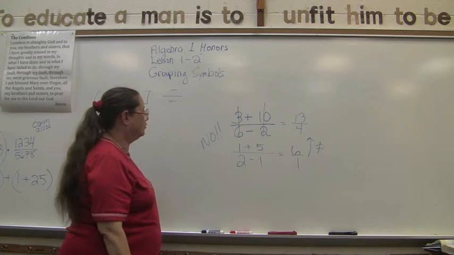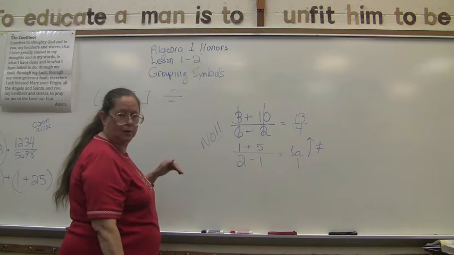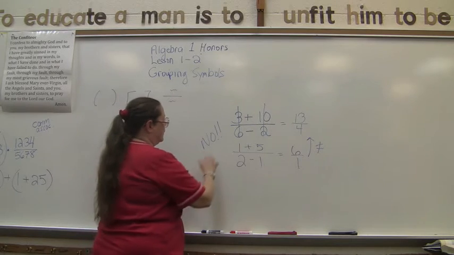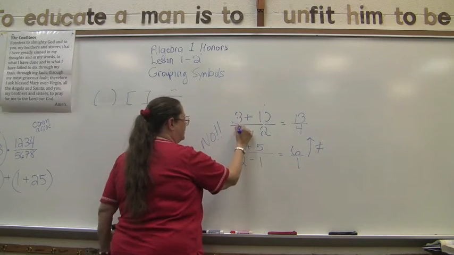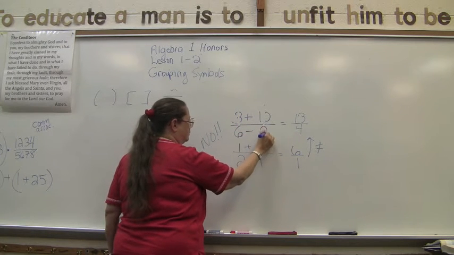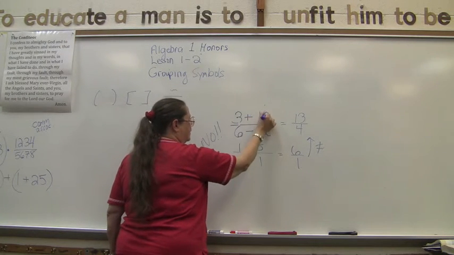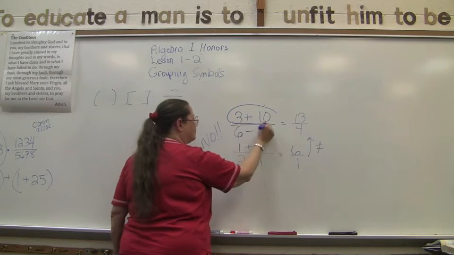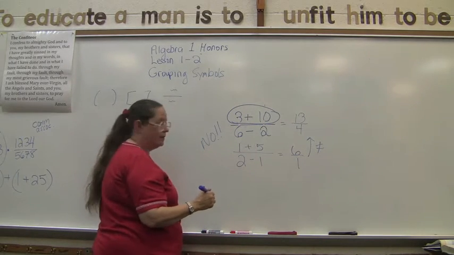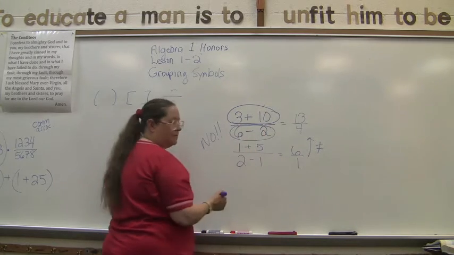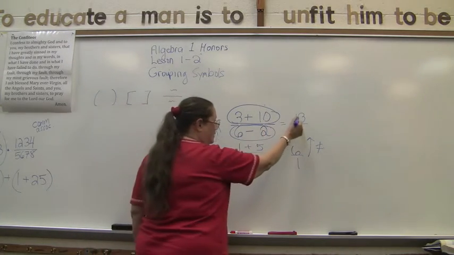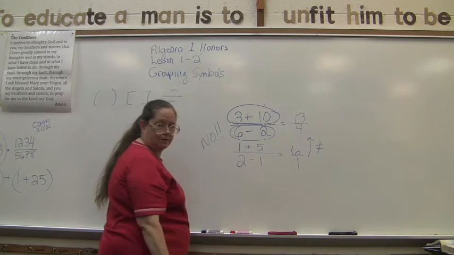So the grouping symbol of a fraction bar means that you cannot do this. You have got to get a value for the top first, simplify up there, then get a value for the bottom, the denominator, and then do the divide.